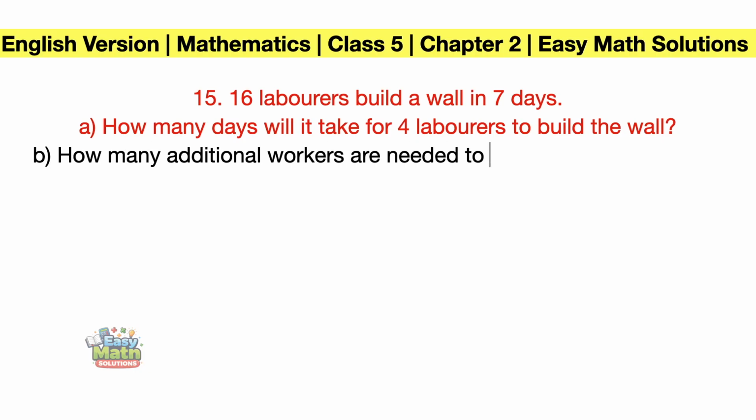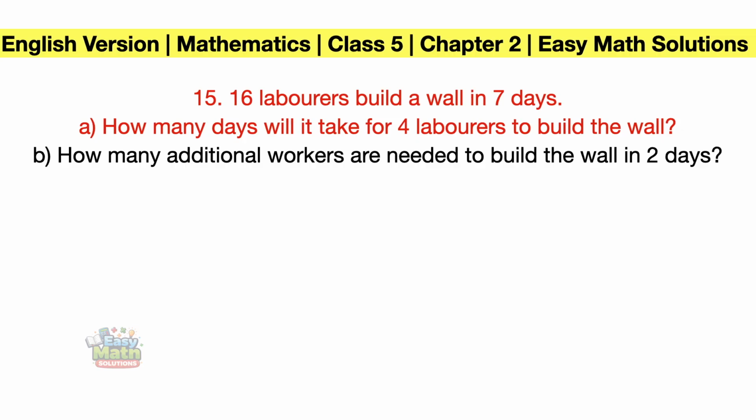And B: how many additional workers are needed to build the wall in 2 days? Here are 2 questions. One, how many days are needed for 4 laborers, and two, if we want the work done in 2 days, how many additional laborers are needed?